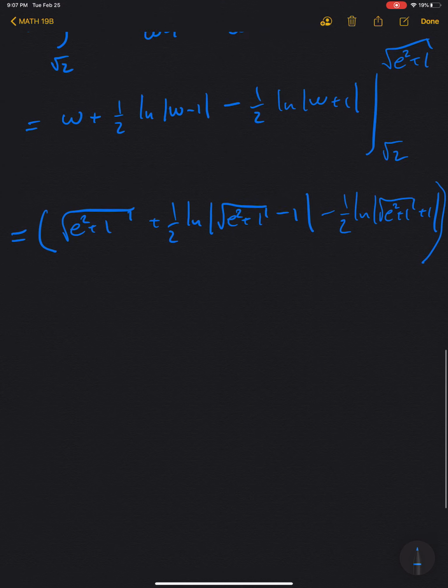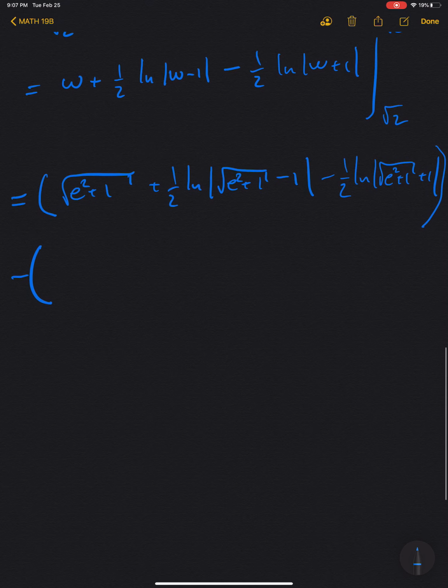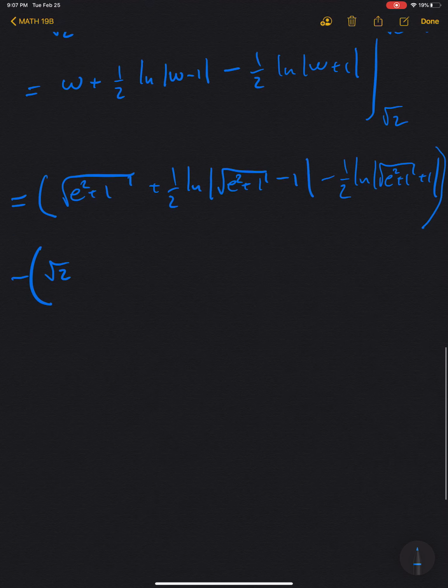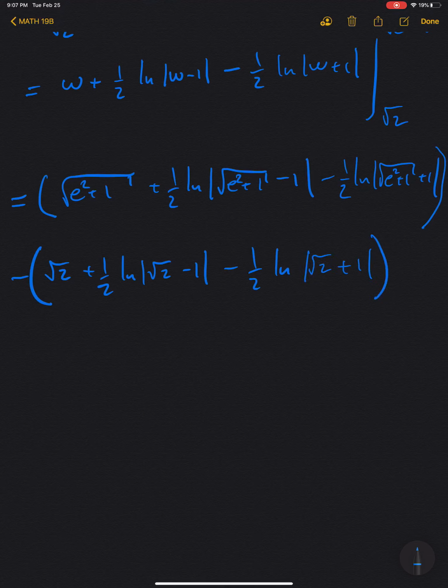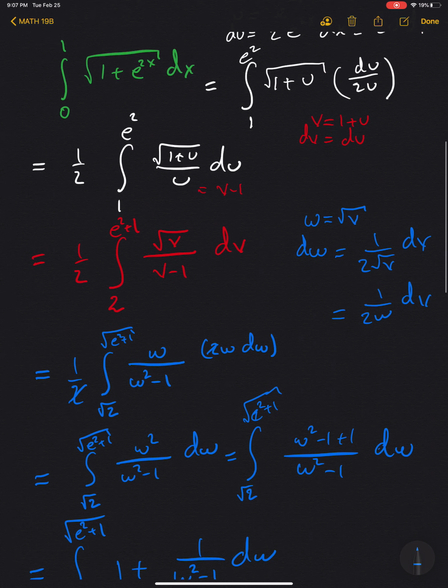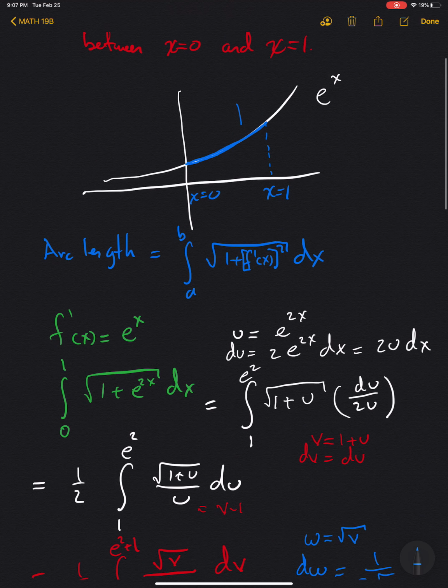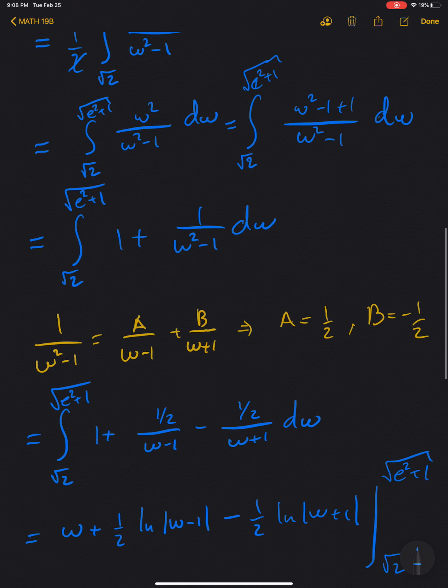That's the top limit, minus the bottom limit, which will be square root of 2 plus 1/2 natural log of the square root of 2 minus 1 minus 1/2 the natural log of the square root of 2 plus 1. And even though this expression looks pretty lengthy, this is just a number, and that number represents the length of the curve that we had here originally. So that is the arc length between x equals 0 and x equals 1.